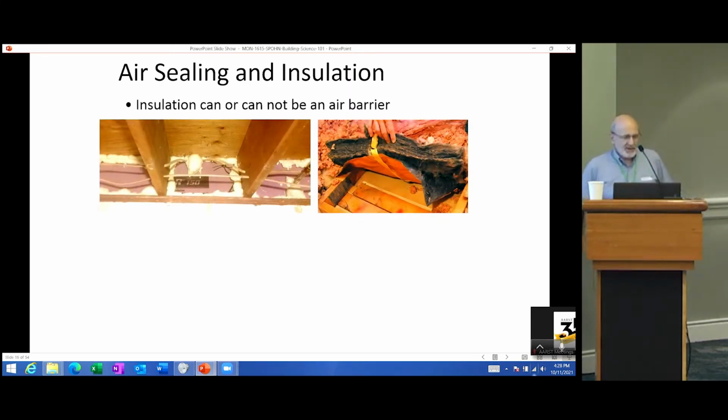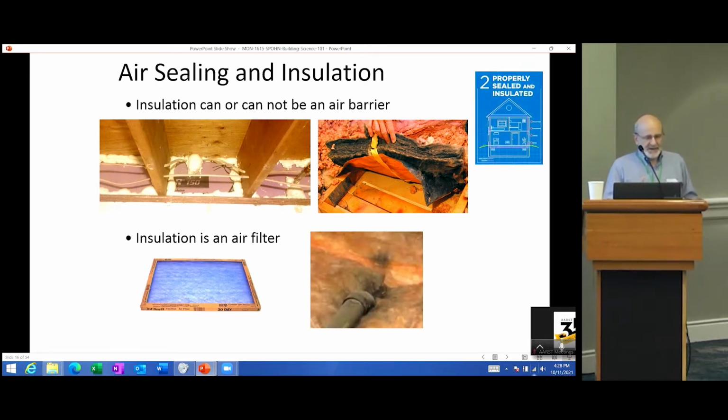So there are cases where air sealing for insulation can or cannot be an air barrier. That first one in the upper left corner is foam board insulation that's been foamed in place, and that's insulation that is also an air barrier. That foam board is not going to transpire too much vapor through it.